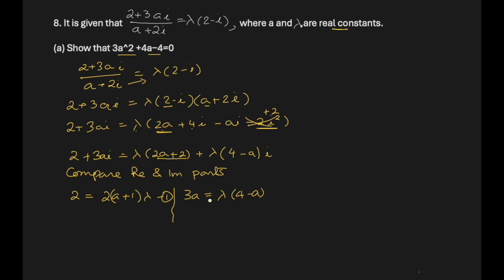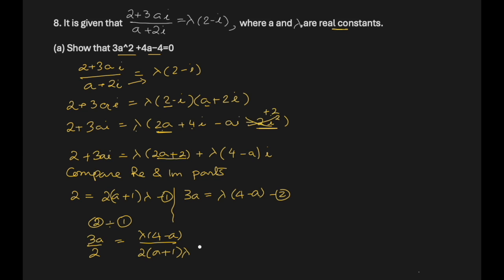Let's call it equation number 1, equation number 2, and let's divide equation number 2 by equation number 1 because it's a little bigger. So 3a on the left side divided by the left side of 1 will be λ(4 − a) over λ times 2(a + 1).